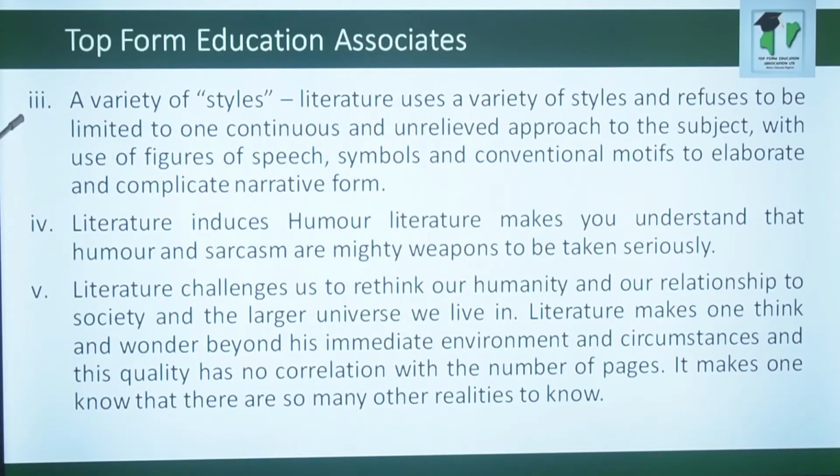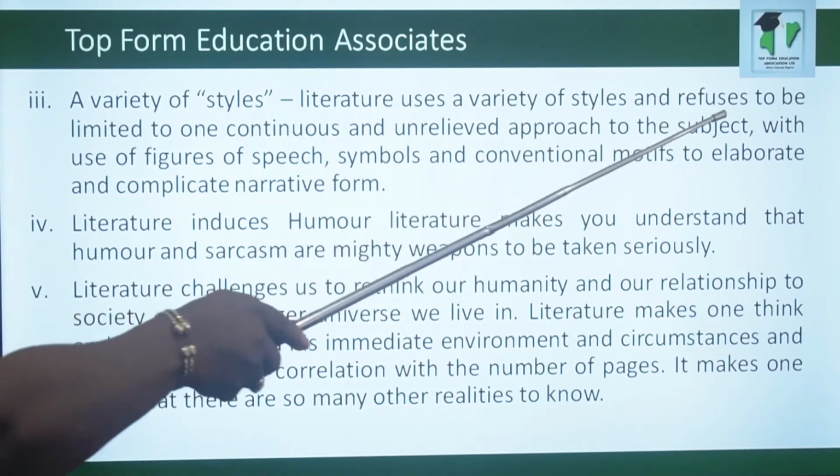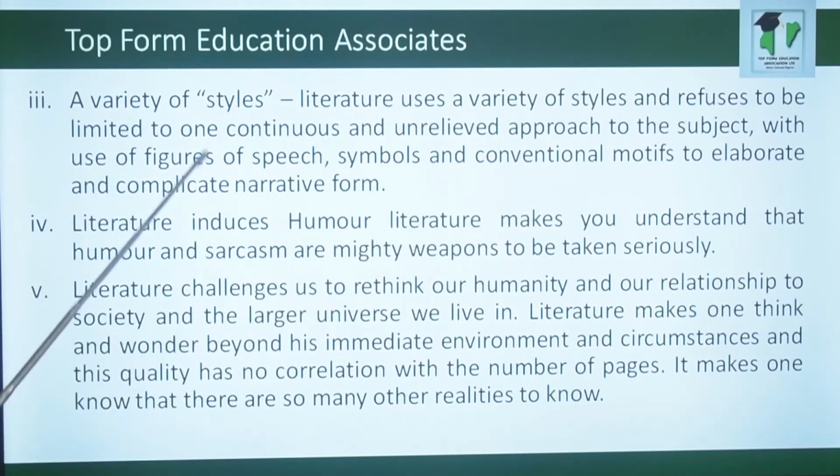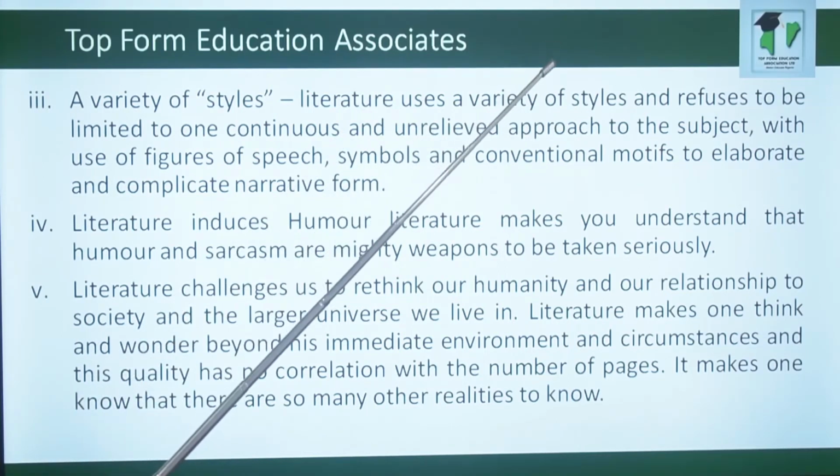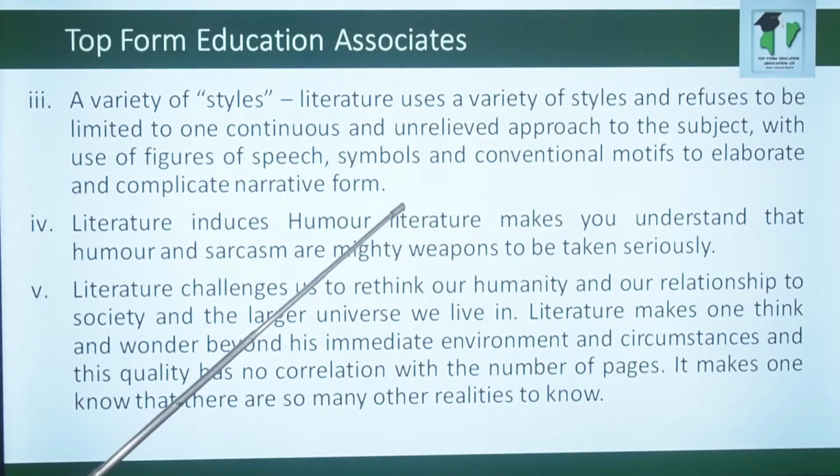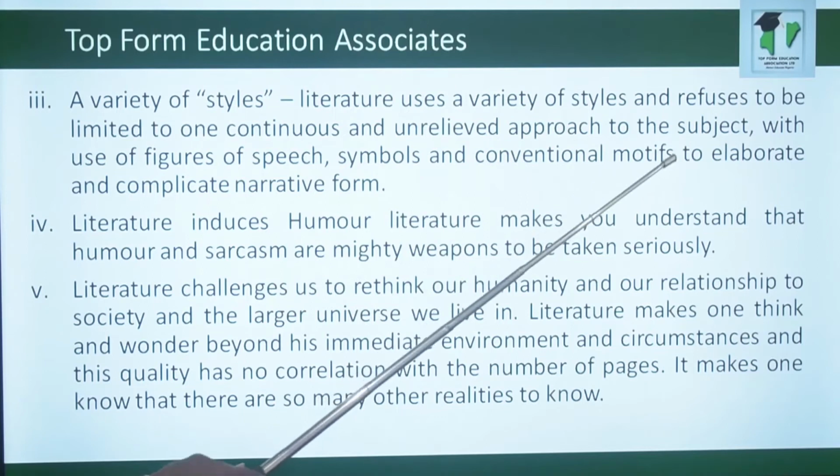Then 3, it also makes use of a variety of styles. It uses a variety of styles and refuses to be limited to one continuous and unrelieved approach to the subject, with the use of figures of speech, symbols, and conventional motifs to elaborate and complicate narrative form.